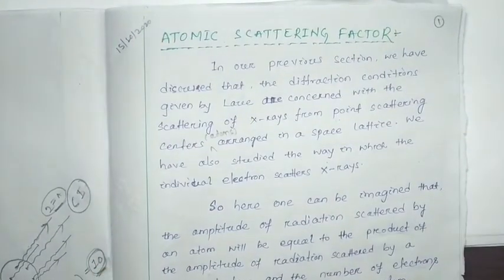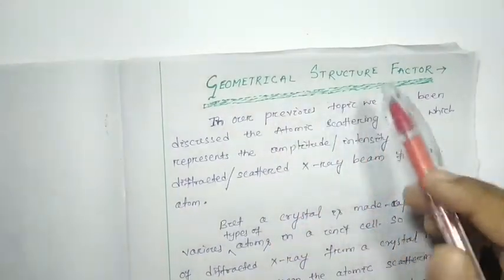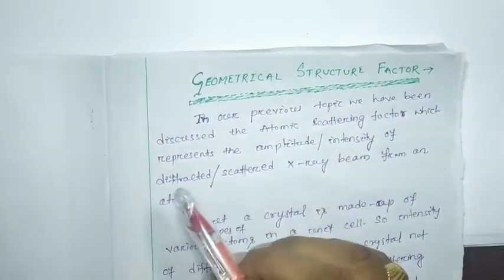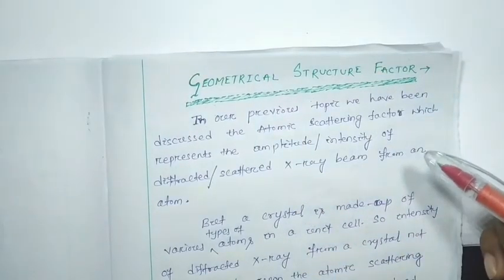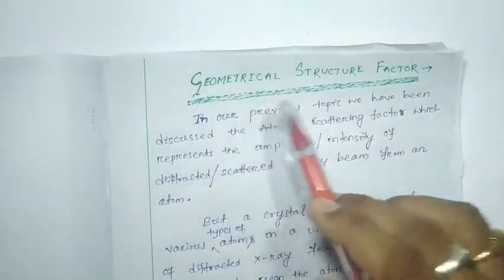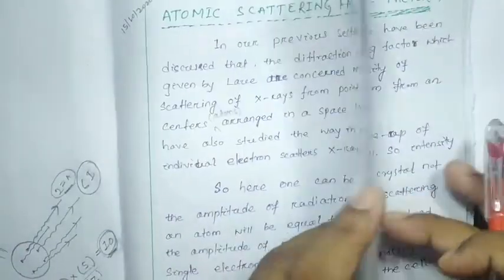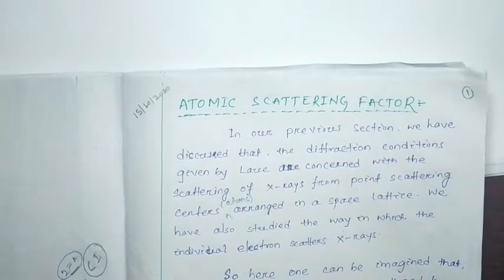So before we start the geometrical structure factor in today's class, I suggest that you at least go through those two previous videos on the Van Laue treatment and the atomic scattering factor, because the discussion and derivation of the geometrical factor is fully related to the atomic scattering factor and the Van Laue treatment.